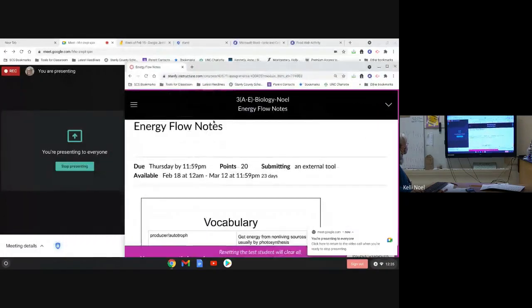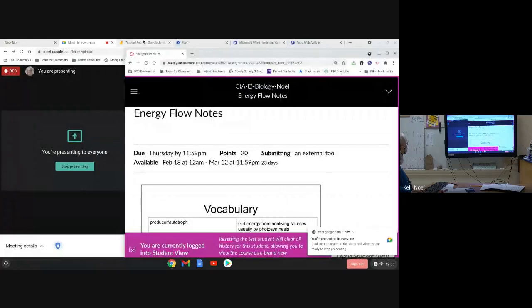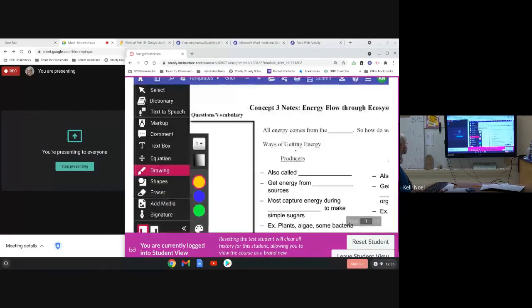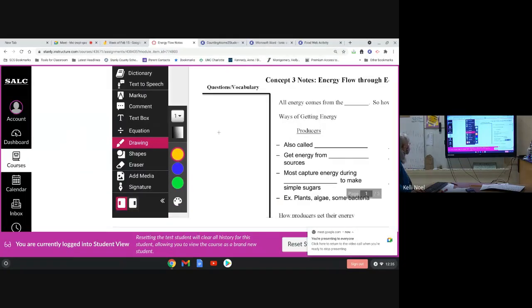And then you can have your Google Meet over here, and then you can type and still see it. It's just going to be a little bit smaller on your Chromebooks. So you can do that. I'm going to put it back over here for me.